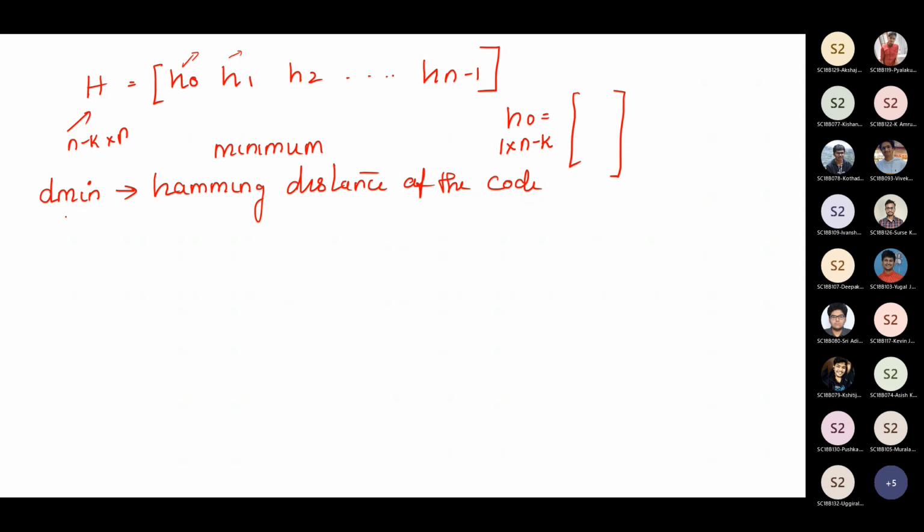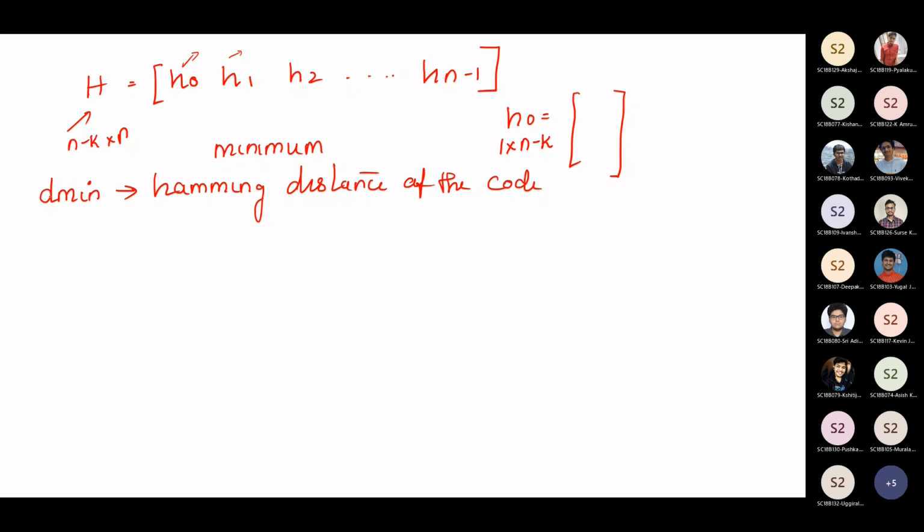Except all 0, if you remove all 0, the number of ones present in the code word is d minimum or more than that. There is no code word less than d minimum. Is it true or not? Yes, ma'am. What about others? Yes, ma'am.